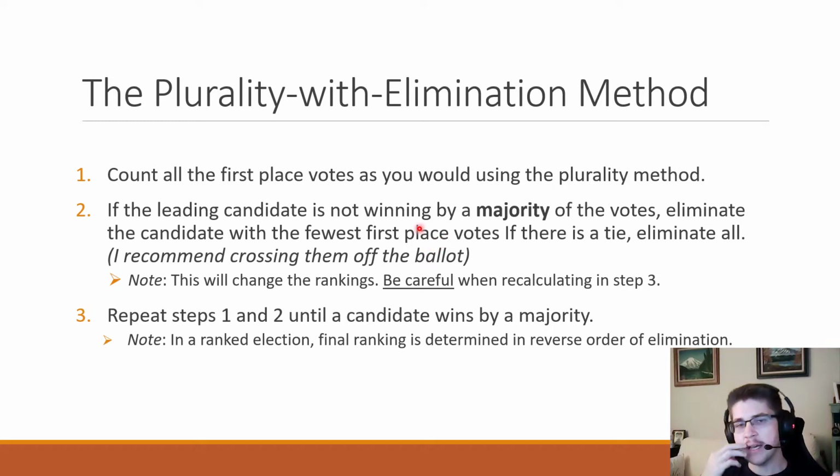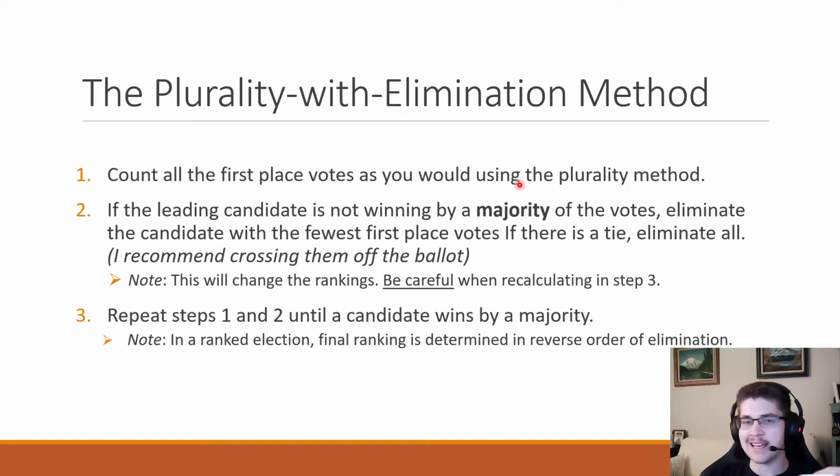Essentially, if the person who is leading, say in that example we had 40% for one person, that's not a majority of the vote. And to define what majority means, majority always means more than half. So if someone has exactly 50% of the vote, that's technically not a majority.